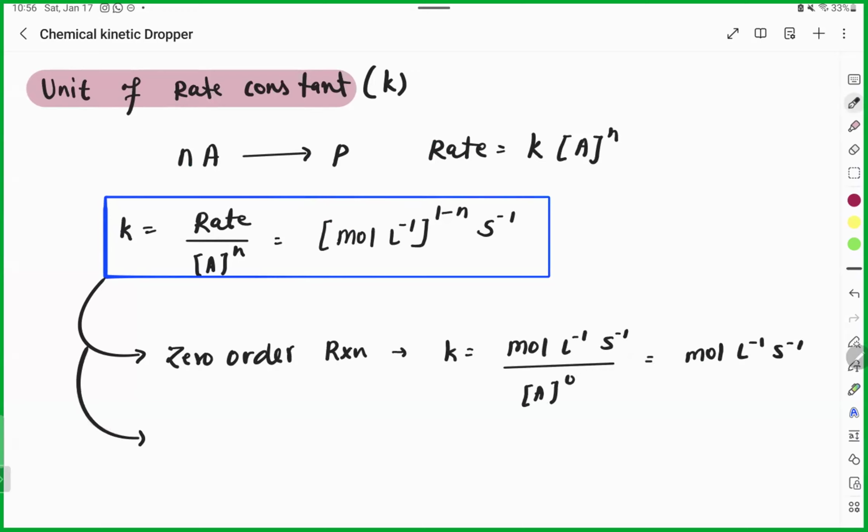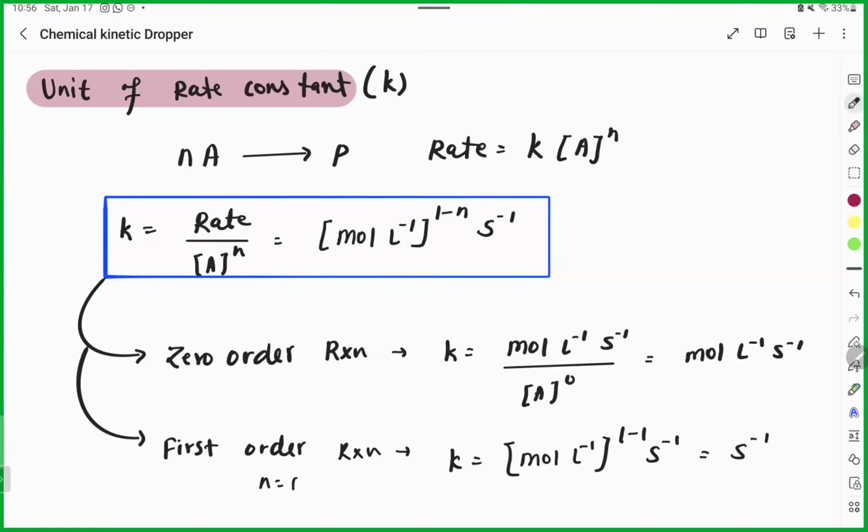Jordan, what will be the unit for first order reaction? K is moles per liter to the power 1 minus 1, per second. Seconds inverse only. Same formula you can apply in zero order: K is mole per liter to the power 1 minus 0 per second.